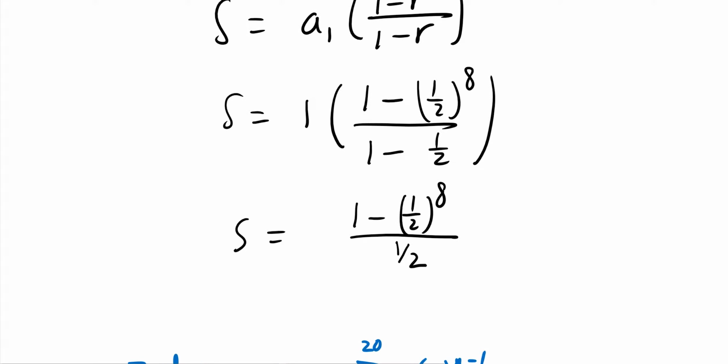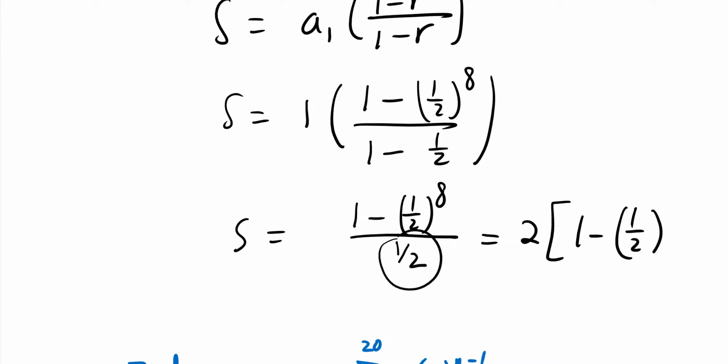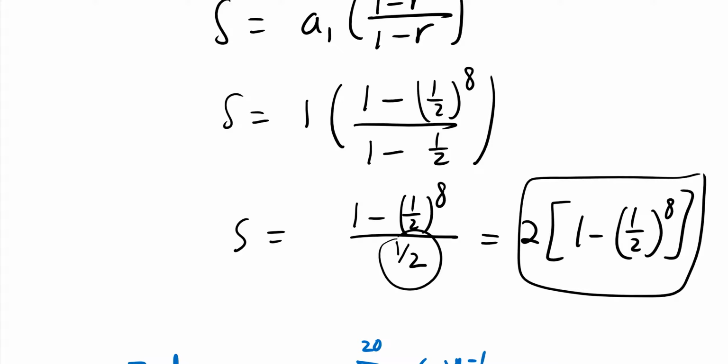To simplify further, you can flip this, giving 2 times 1 minus 1 over 2 to the 8th power. You can leave it like this, that's totally fine. If you want to simplify the 1/2 to the 8th, that's fine too, but it's fine up to this point.